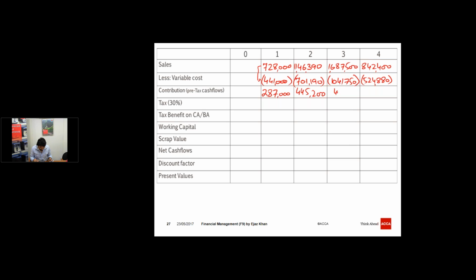That's 645,750. 842,400 minus 524,880 gets 317,520. All these figures are correct or not? Are you people done with these figures?